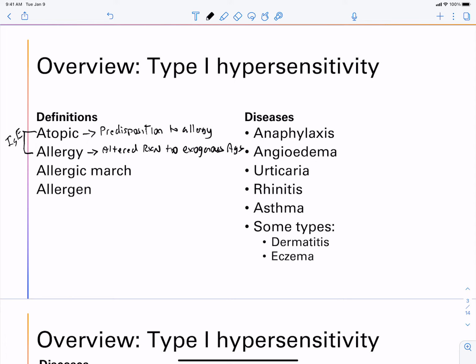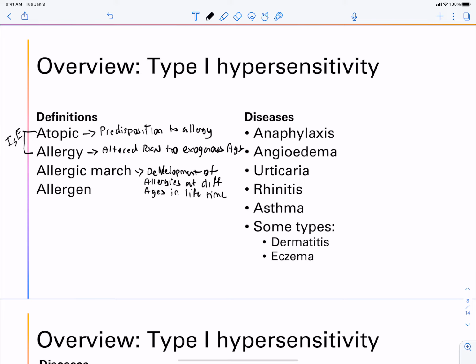There is also another term that's used called the allergic march. And this is the development of allergies at different ages in your lifetime.